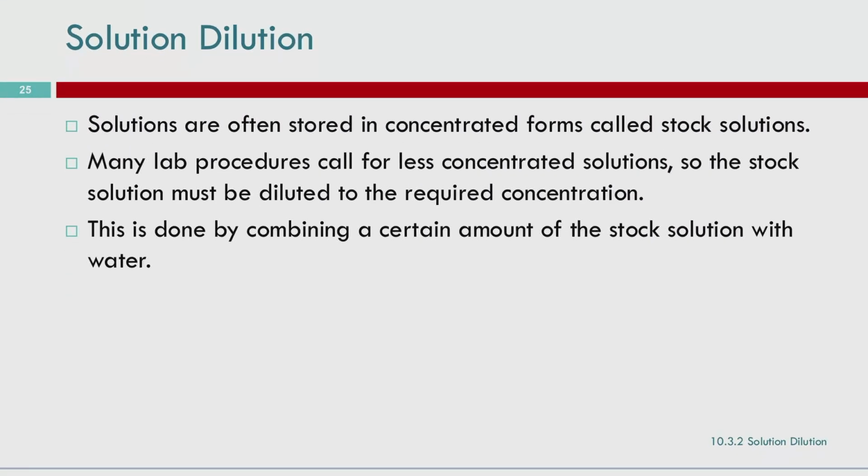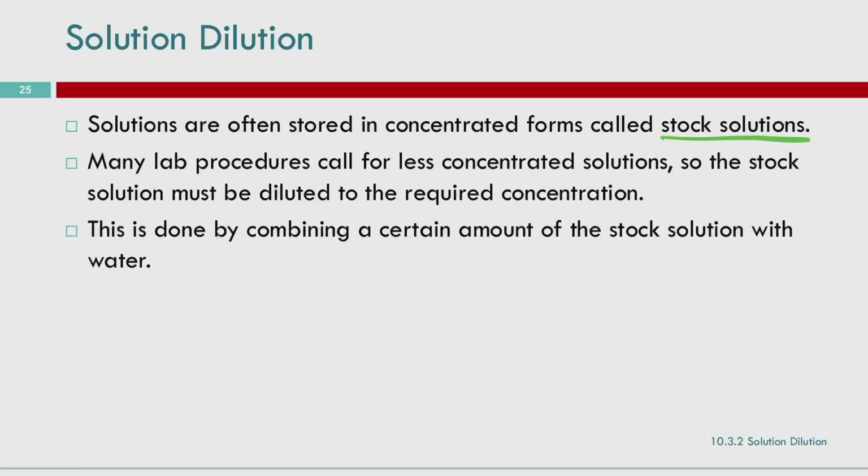All right, solution dilution. Oftentimes it's convenient to dilute a solution. The reason is because we typically store our solutions in concentrated, high concentration forms called stock solutions. Stock solutions live in the stock room, often labeled as the prep room, at least here.